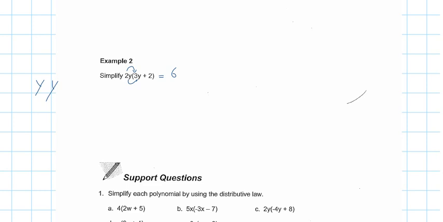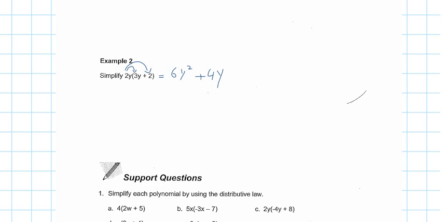So that's the same thing as writing y squared. So that's going to be 6y squared. And then 4y, because if I multiply 2y by 2, that's going to be plus 4y.